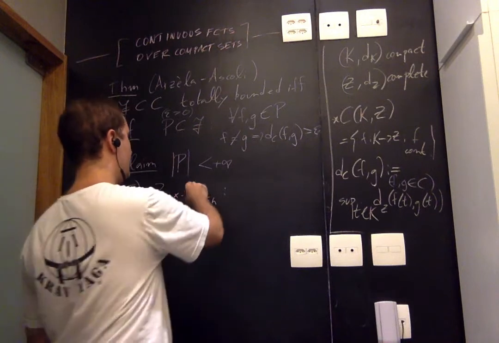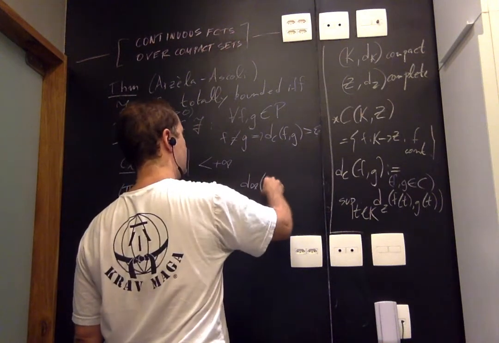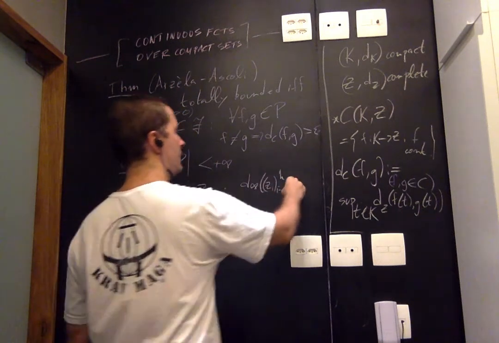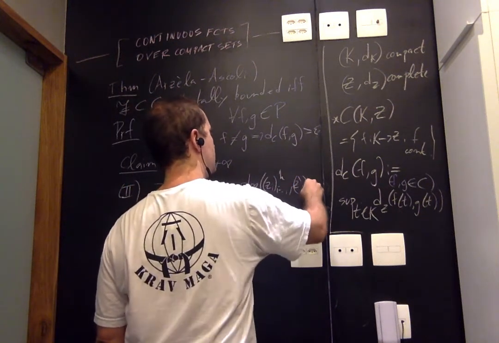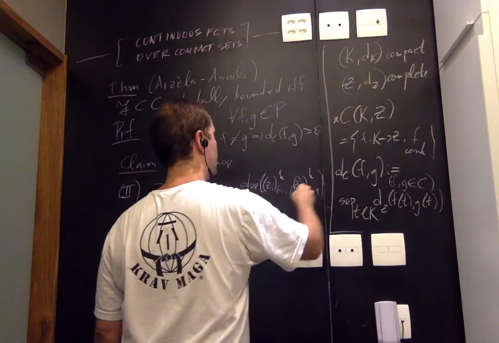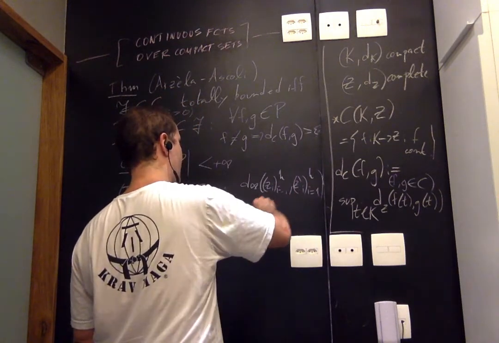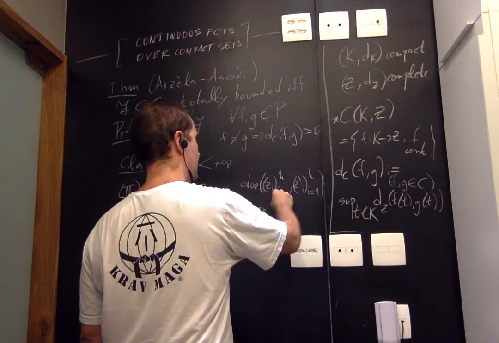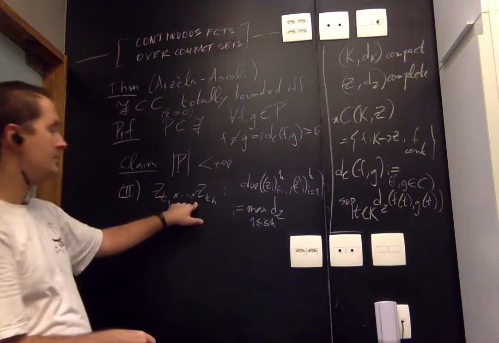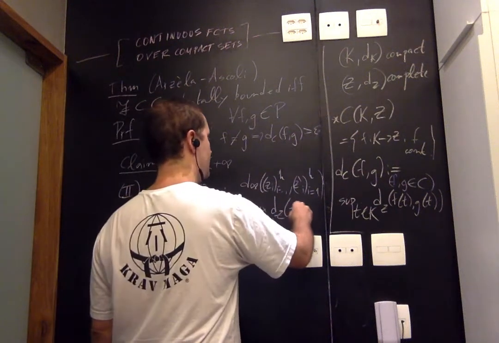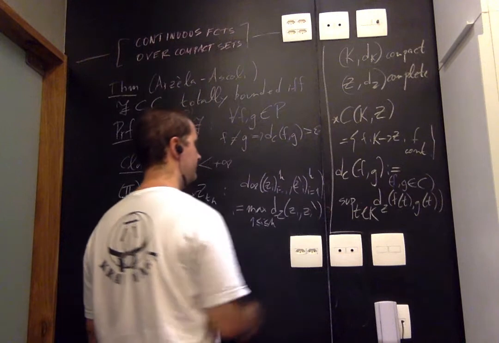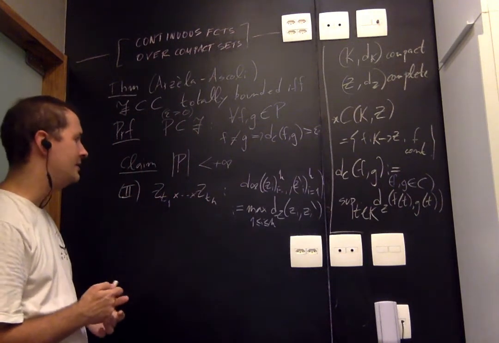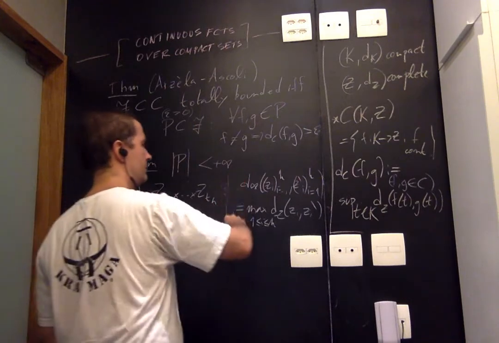The elements of this space are vectors. The first coordinate is f(t_1), the kth coordinate is f(t_k). The distance between two such vectors is equal by definition to the max over 1 less than or equal to i less than or equal to k of the distance in Z, all these guys are contained in Z, between z_i and z_i prime. It's an exercise to show that that's a metric. Actually, you've probably done this exercise by now. I honestly don't remember.